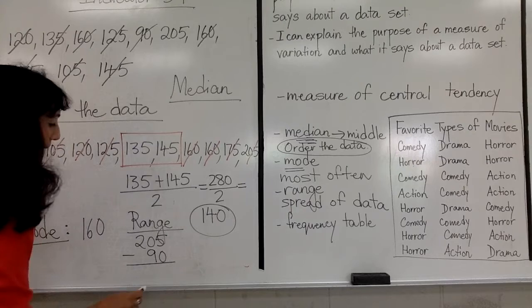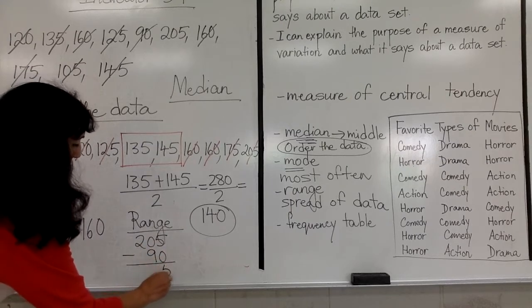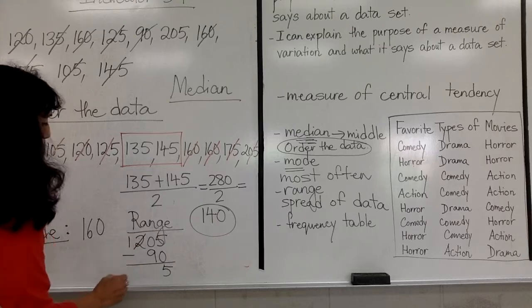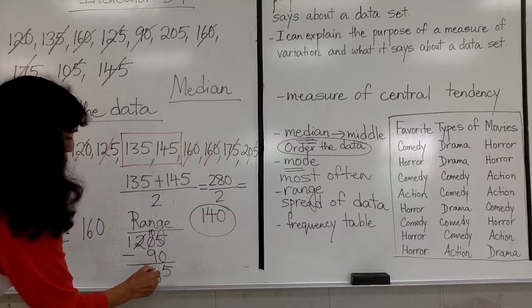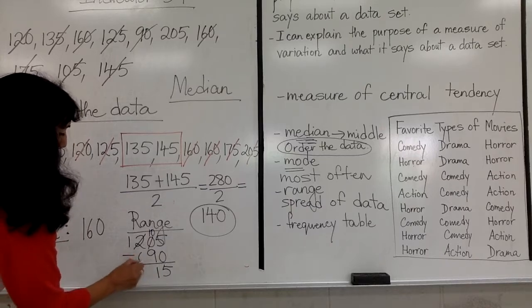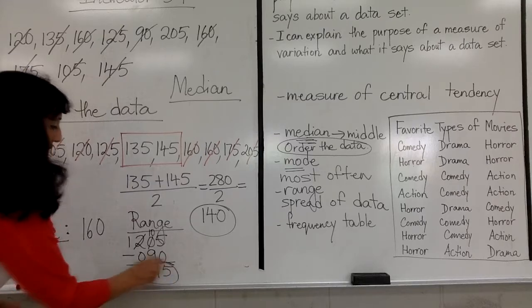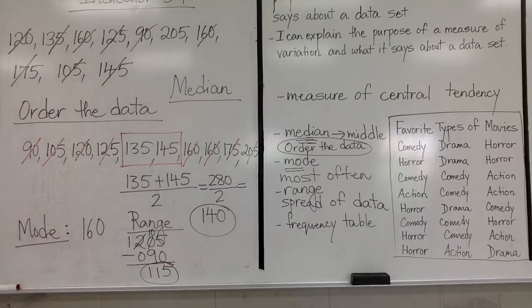And then I am going to subtract. 5 minus 0 is 5. I cannot take away 9 from 0, so I borrow here. This becomes 1 and this becomes 10. 10 minus 9 is 1 and 1 minus 0 is 1. So my range is 115. Okay, so this is my range.